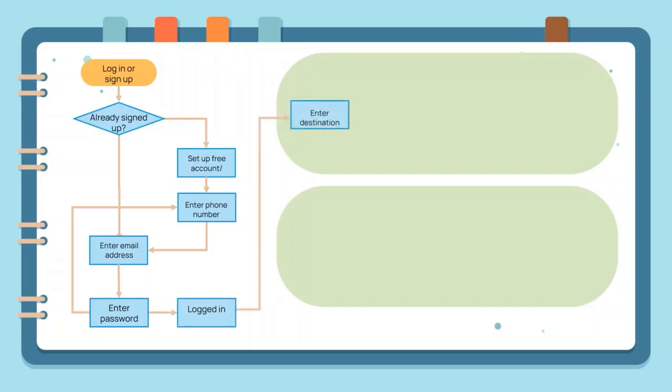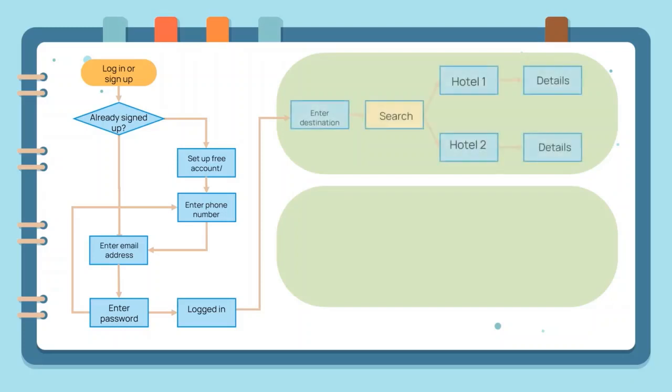Next, you can search for a destination, and our group can give you some hotels automatically. If you click on the name of a hotel, you will get more information.